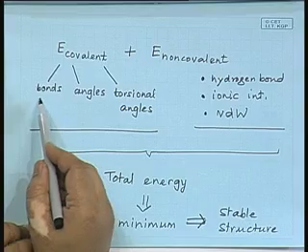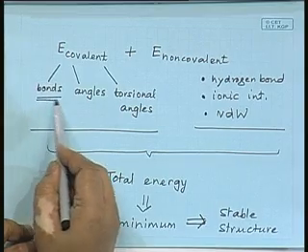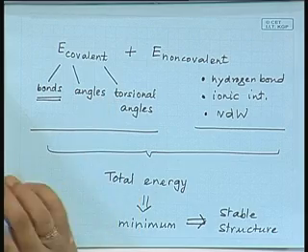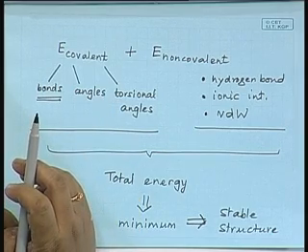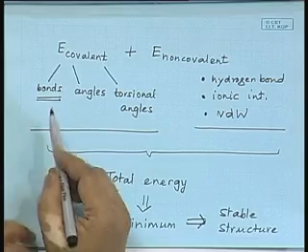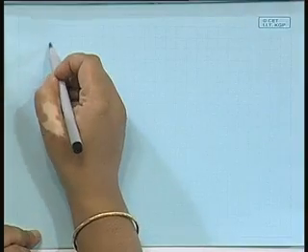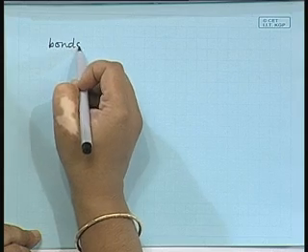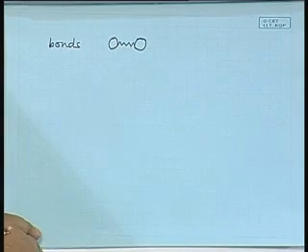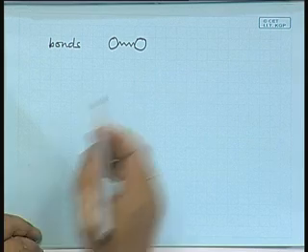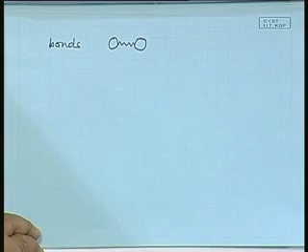Okay? Now what are these in terms of energetics? If we look at the bonds, how do you represent bonds normally for a compound? You represent them as springs, right? We represent these as springs and they follow Hooke's law.